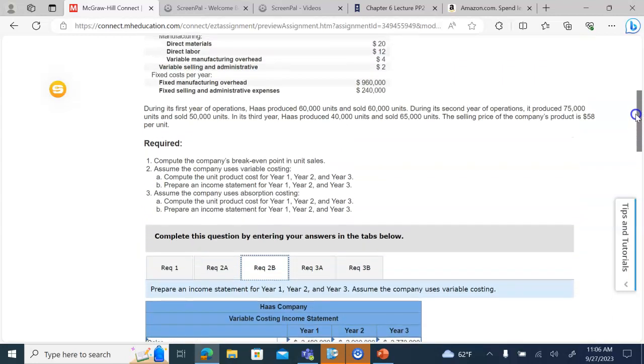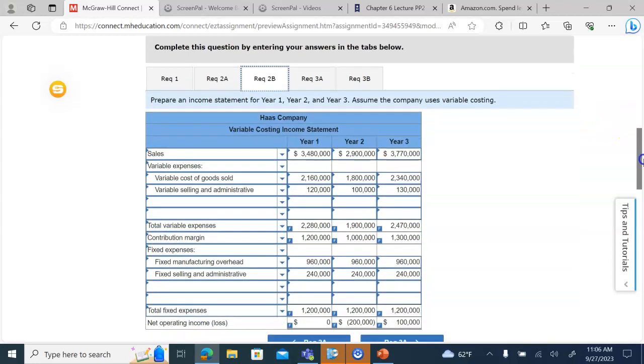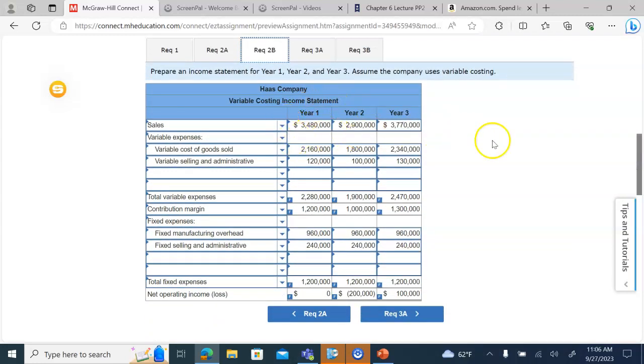In year 2, it sold 50,000 units, and in year 3, 65,000 units. So the sales is all going to be related to the figures they gave us at 58 bucks.